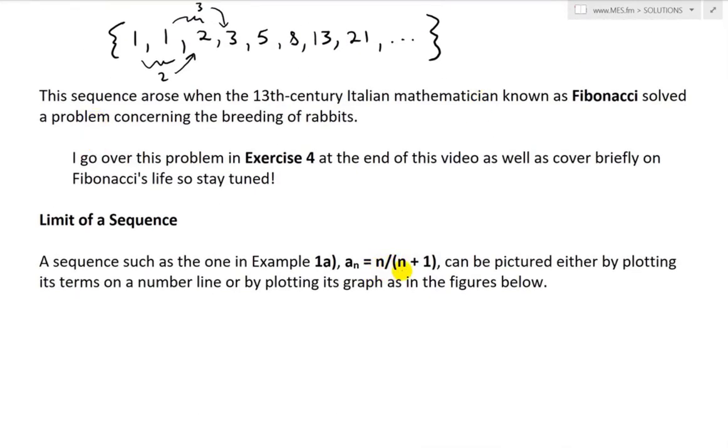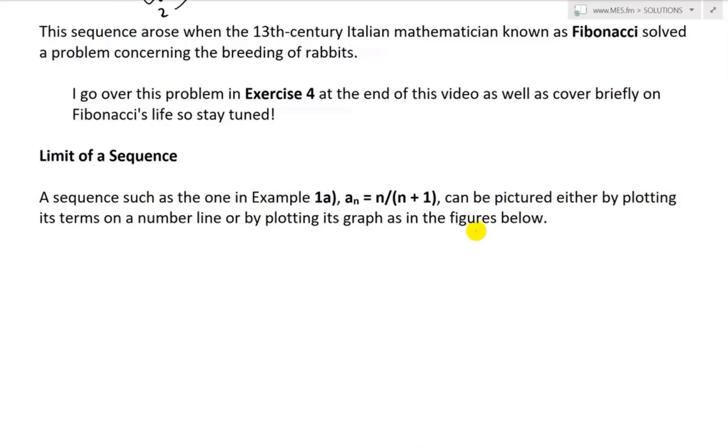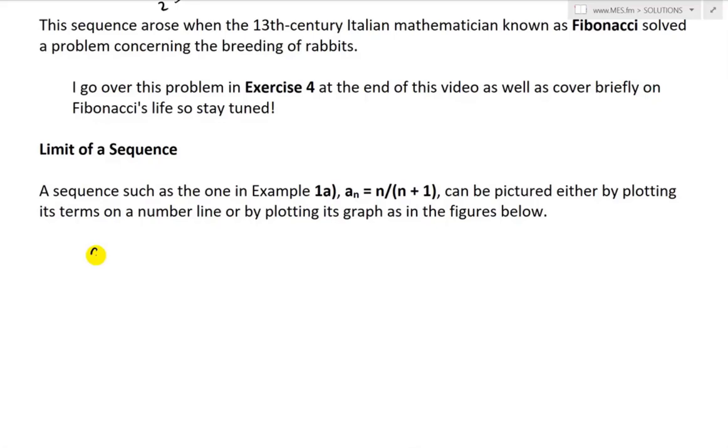This sequence can be pictured either by plotting its terms on a number line or by plotting its graph, as in the figures below. But first, let's write this out again. If a_n equals n over n plus 1, then the sequence is going to be like this.